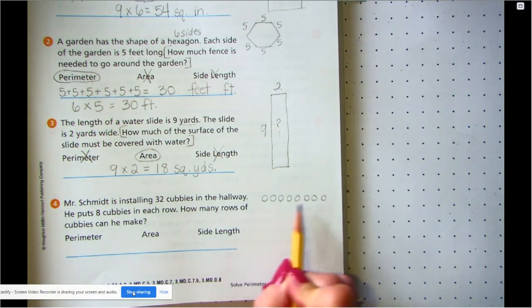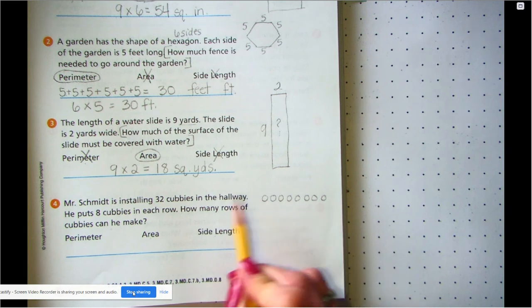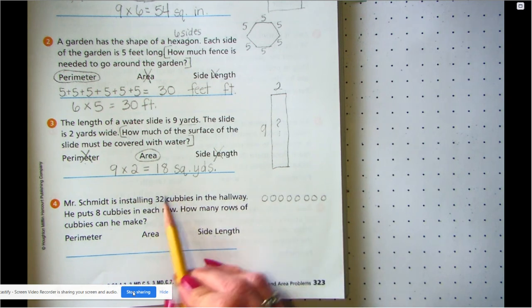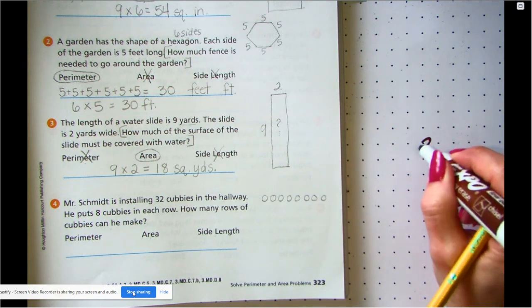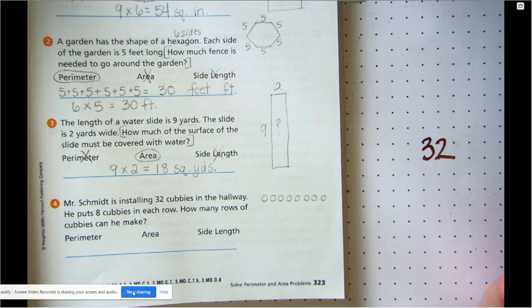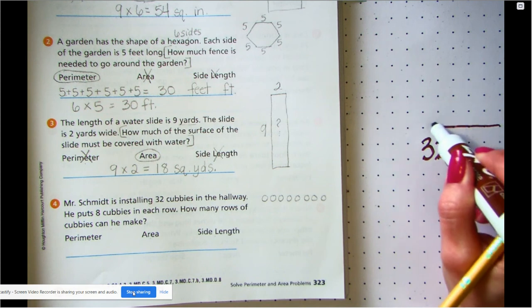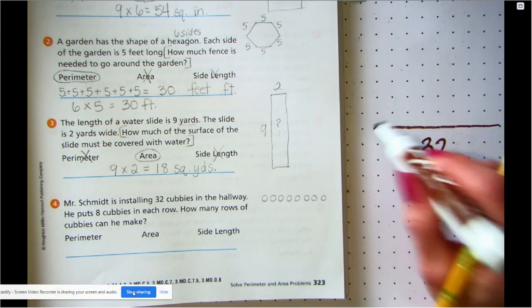But we've done problems like this before where we had 32 of something and they were in equal rows. So think back to what you learned a long time ago, before Christmas time, right? Let's see. If we know we have 32 of them, 32 all together, right? And they're 8 in one row.